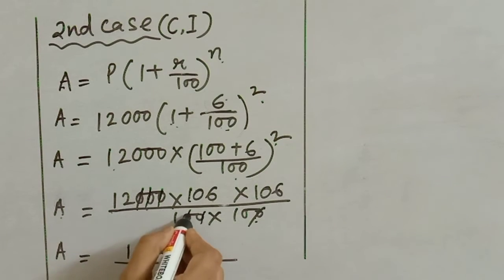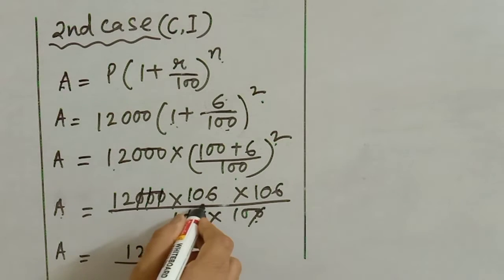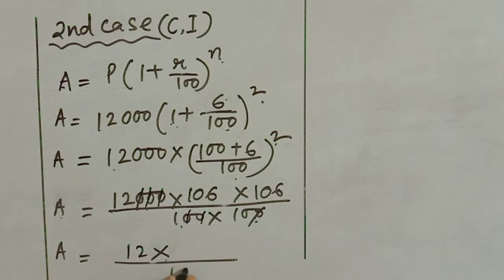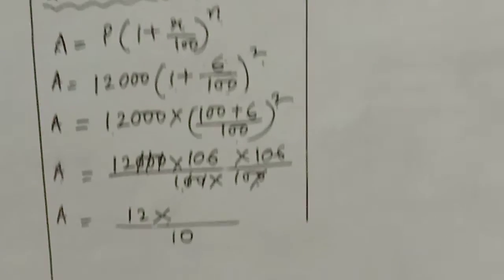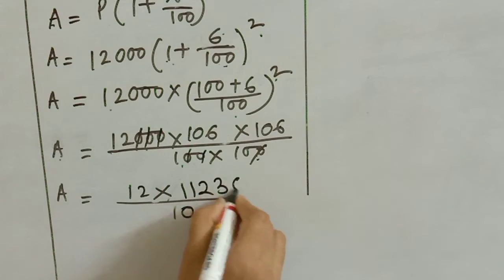Now 2 zeros I have cancelled here, and 1 zero also. Now it is 12 into 106 into 106 by 10. 106 into 106, multiply and see. 1, 1, 2, 3, 6.